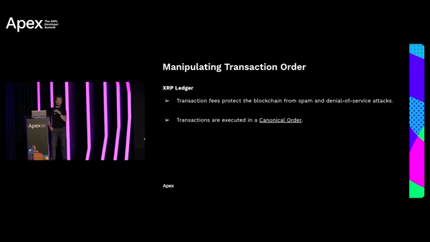Now, XRP ledger developers foresaw that this might be a problem. So instead of introducing incentives, the developers said, okay, we will not have any incentive for validators to do their work. Transaction fees are there only to protect the blockchain from spam and denial of service attacks. But because the transactions still have to be executed in some kind of an order, XRP ledger uses something that is called a canonical order.